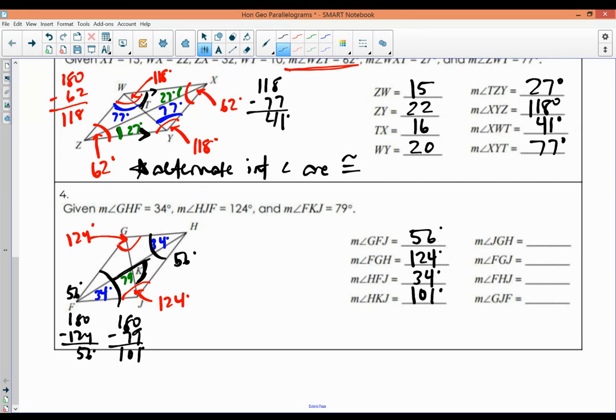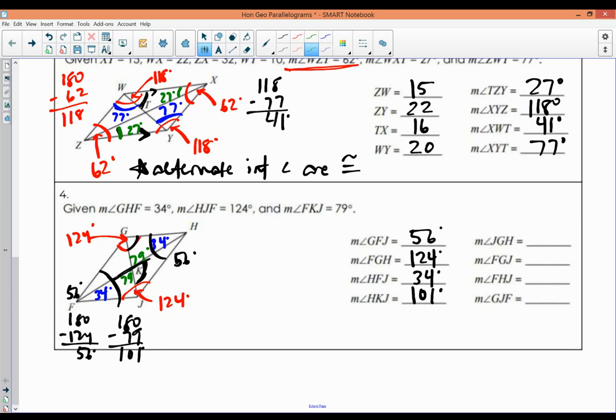Measure of angle JGH. It's right here. All right, so let's get a little creative here. I know that this also has to measure 79 degrees because they're vertical angles. And now, looking here, I have a triangle.